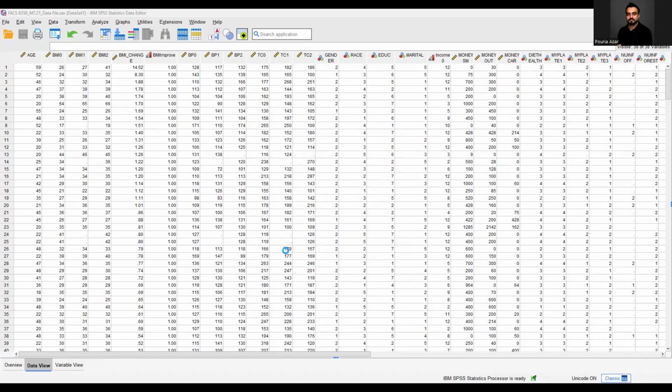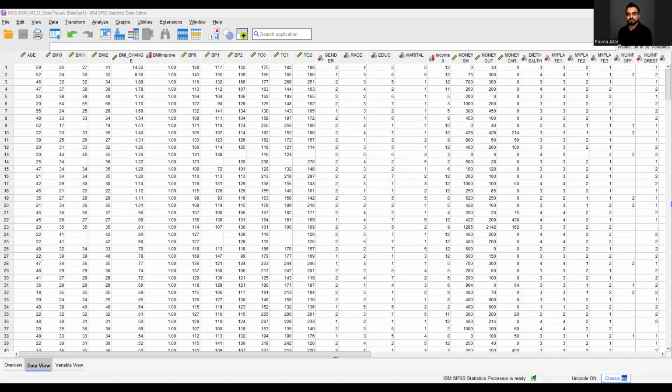Degree of freedom in an independent sample t-test is the total sample size, which is 133 plus 82. It is 215, minus 2 because I have two groups, and it gives me 213. That's how SPSS gets the degree of freedom.